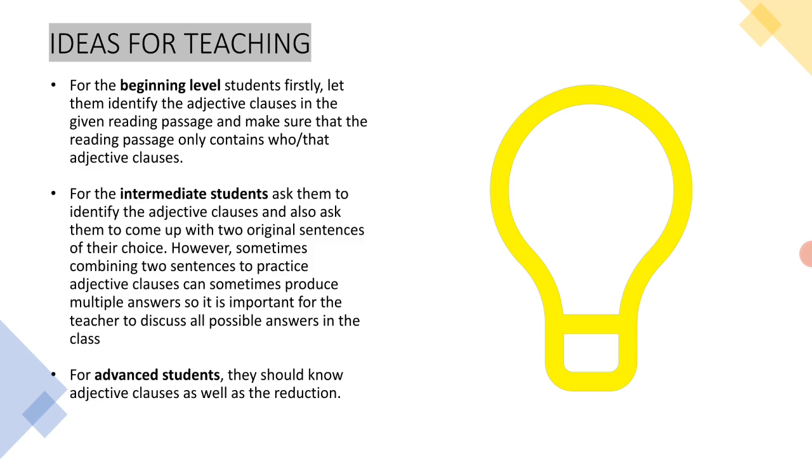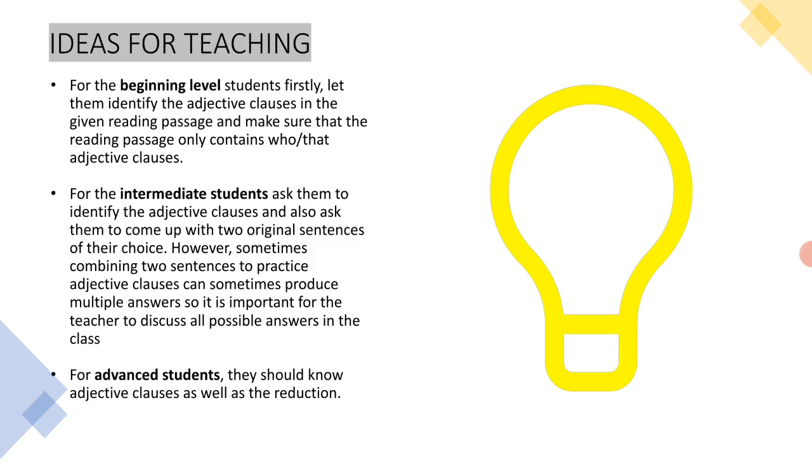But the key thing with your intermediate students is that you have to make them aware that there can be multiple choices for combining two similar sentences. For instance, the difference can be because of the choice of relative pronoun. So you have to discuss all these things in detail with your intermediate students.